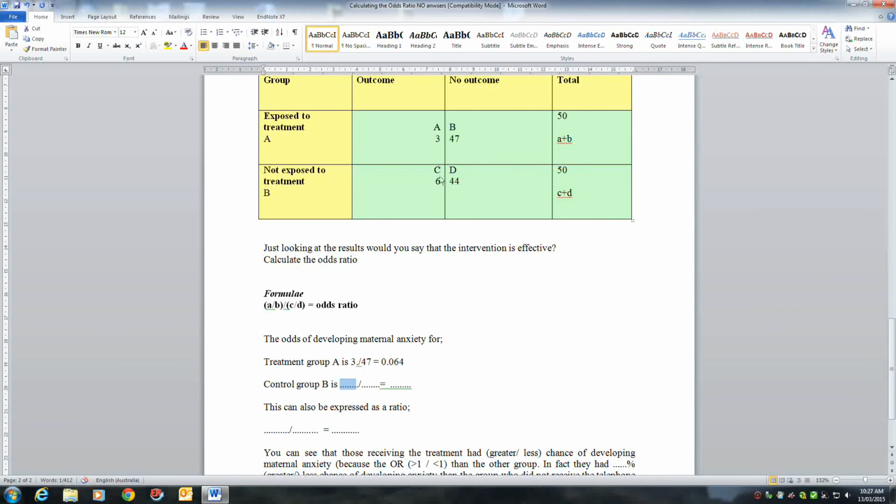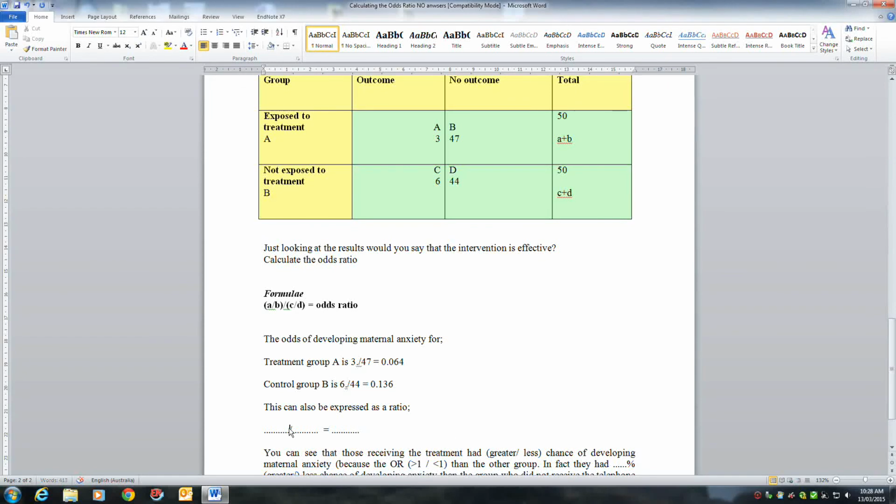Then B, we've got 6 divided by 44. 6 divided by 44, and if you do that calculation, you should get 0.136. So then we've got to take that calculation and divide it by that calculation.